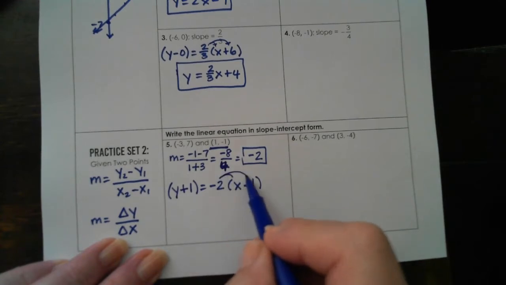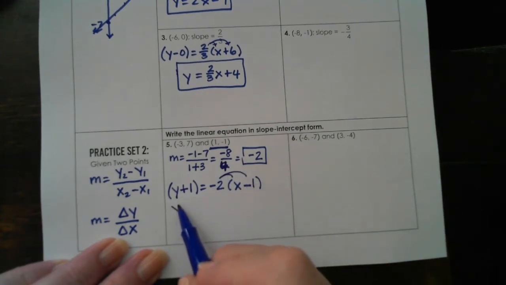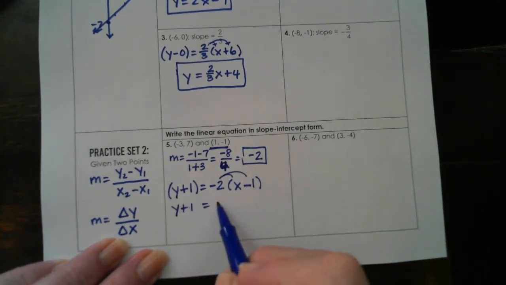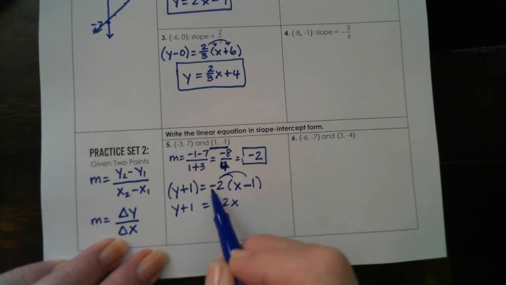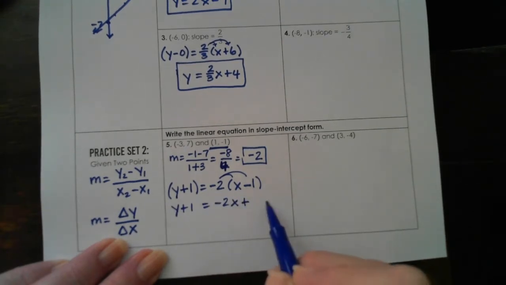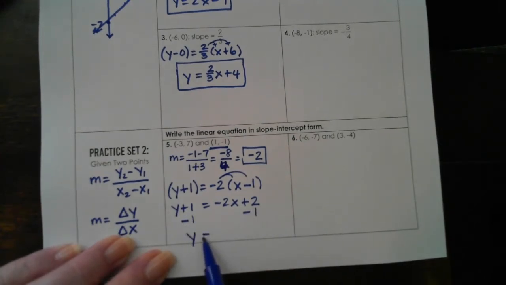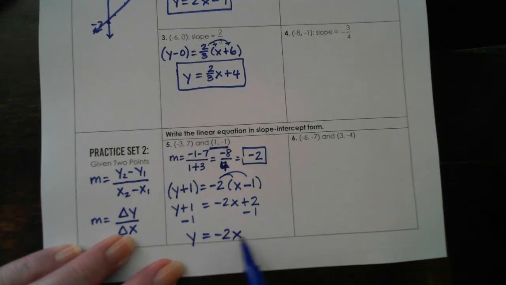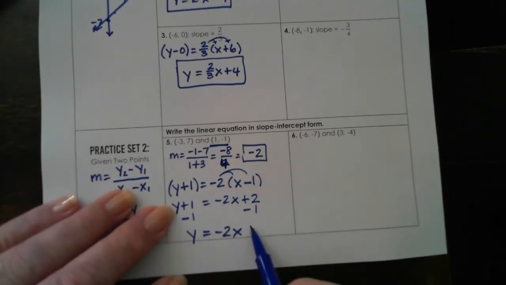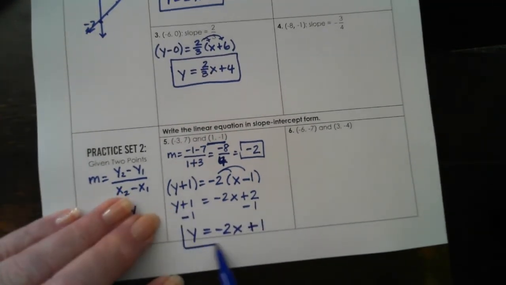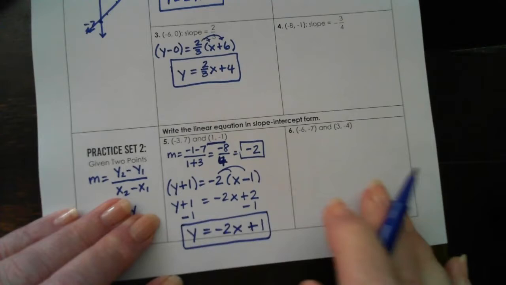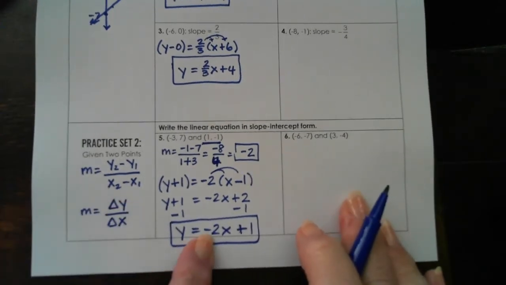I'm going to distribute that negative 2 and have y plus 1 equals negative 2x. Negative times a negative is a positive, 2 times 1 is 2. To finish up solving for y, we subtract 1 from both sides, and we end up with y equals negative 2x plus 1.